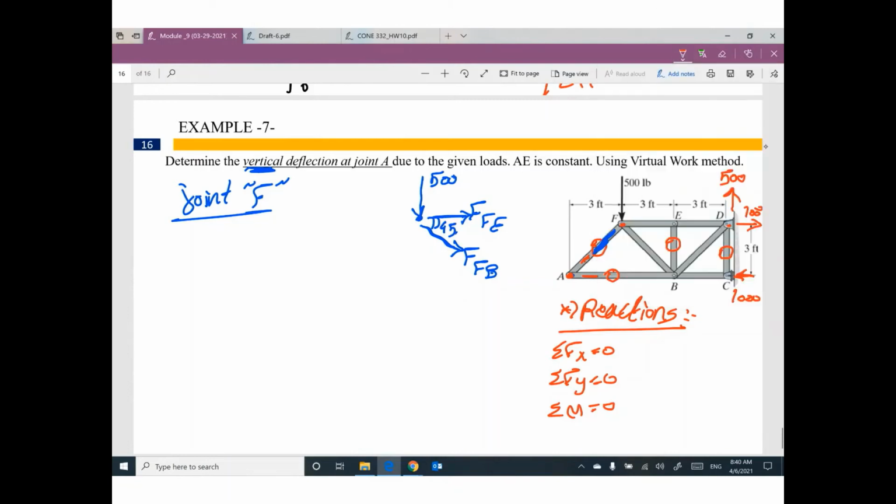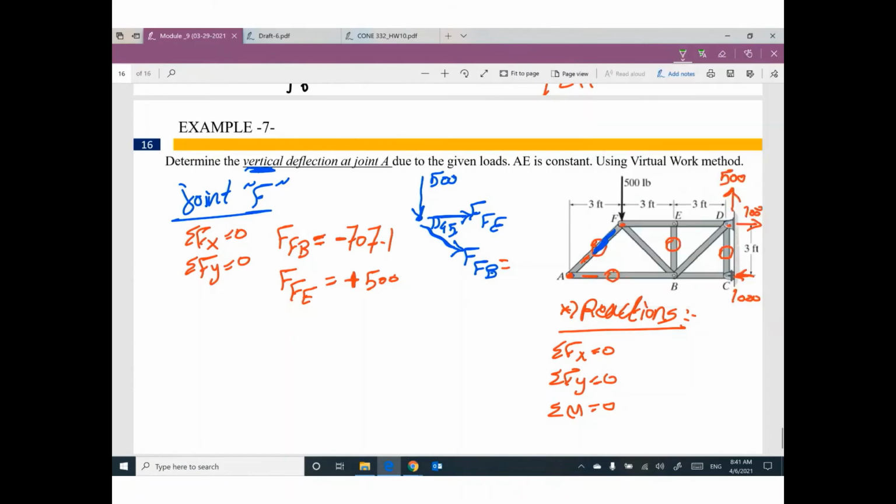Go ahead and apply summation Fx equals 0, summation Fy equals 0. I think FB will be negative 707.1 and FE will be positive 500.